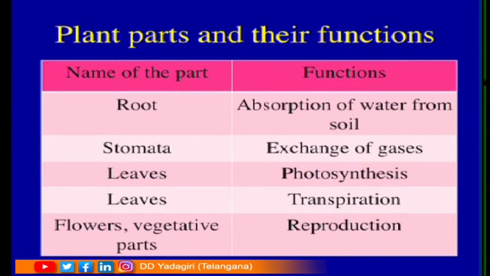Leaves help in various processes like photosynthesis and also transpiration. Then what about reproduction, children? Reproduction is carried out by the flowers and vegetative parts in some plants. So, this is what you have understood in class 8.